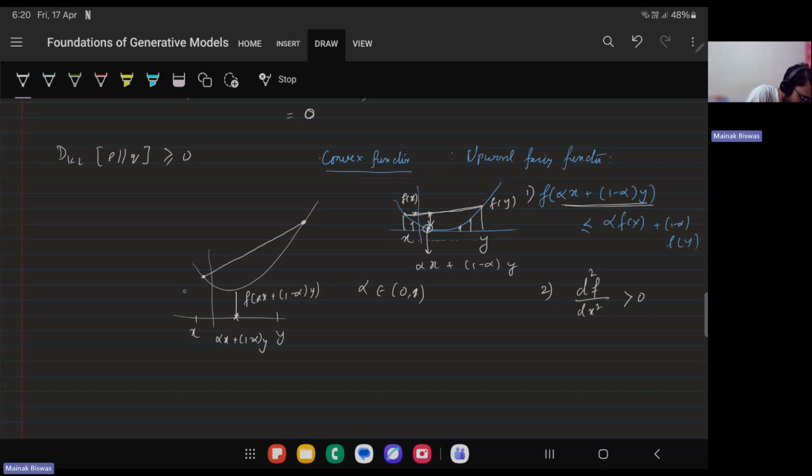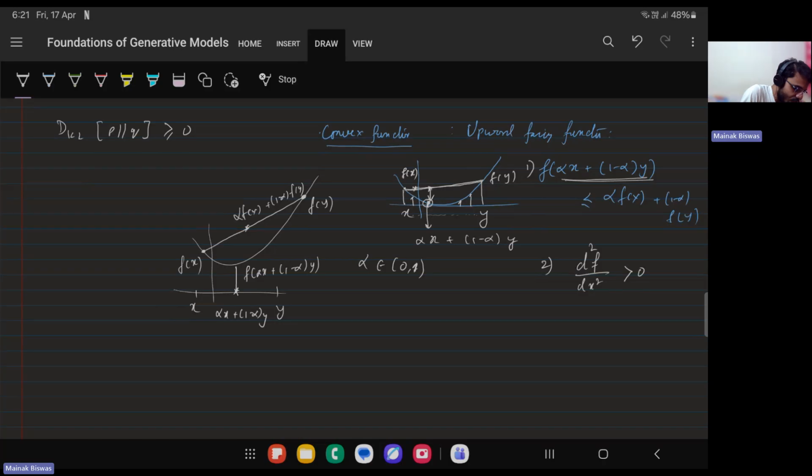This is f of x, and this is f of y. So this value is alpha times f of x plus 1 minus alpha times f of y, right? So this line always lies above the curve. It will never be less than the function value at that point, right?